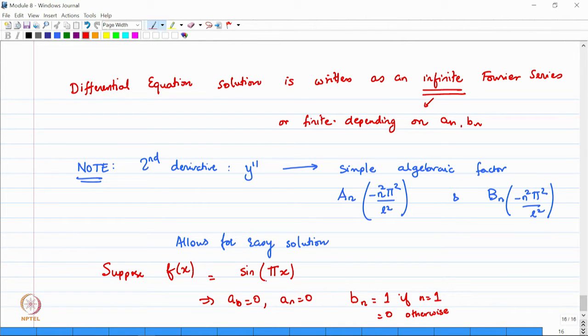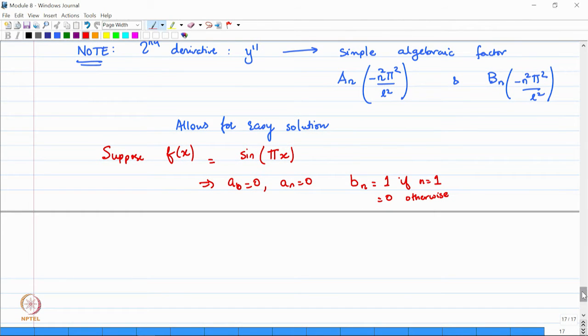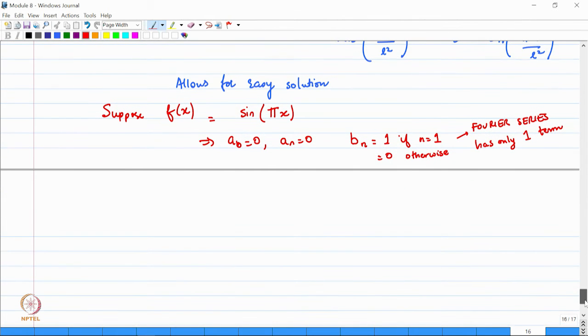So you can easily see this just by inspection. If you want, you can actually calculate it by the integral and you will get this. Now if you have something like this, we say that your Fourier series has only one term. If your Fourier series has only one term, then what happens?